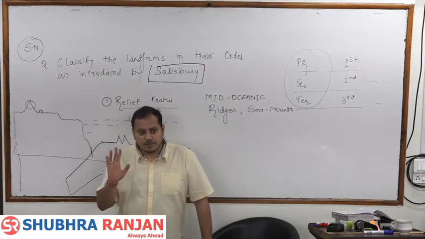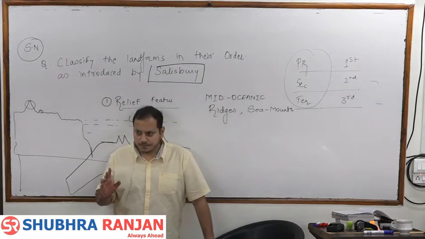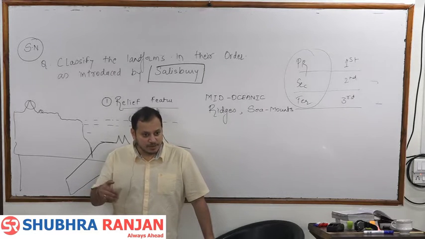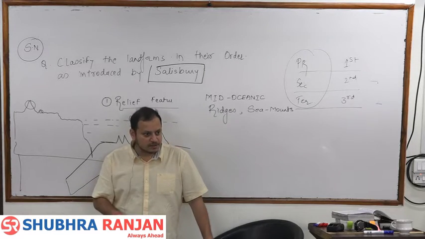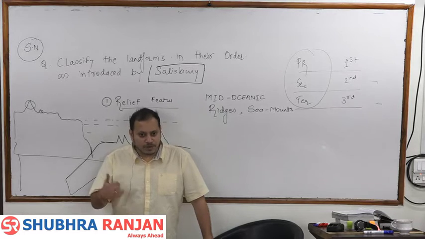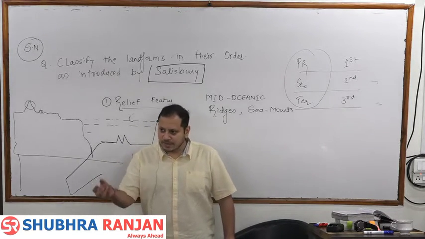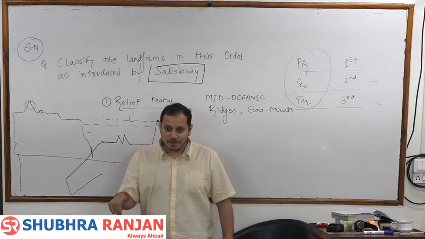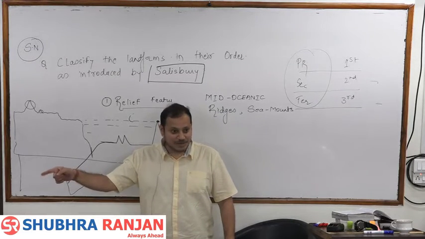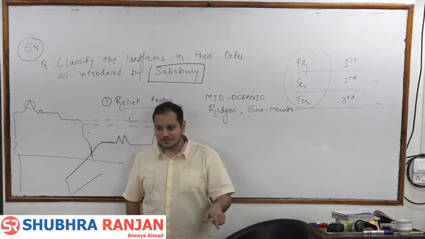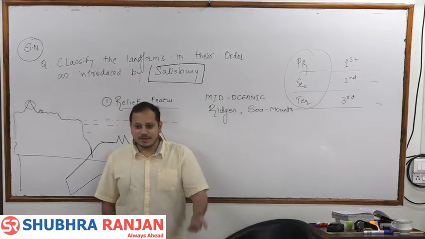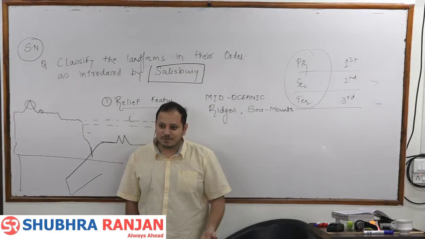Now tell me why the mountain is being formed. Folding or faulting? Endogenetic, exogenetic, which one is it? Endo. Why is the mid-oceanic ridge being formed? Volcanic activity. Is volcanic activity endogenetic or exogenetic? Endo. Anything that is coming from the earth. Volcano, does it fall from the sky or come from the earth?